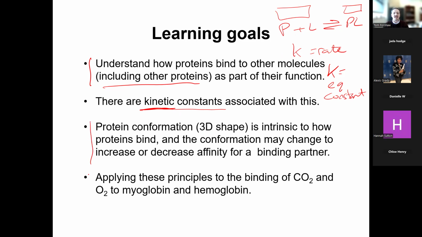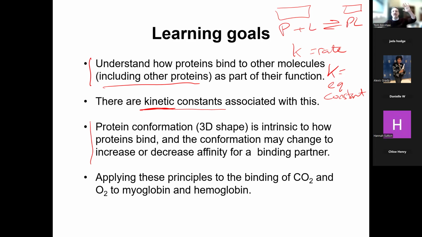Now, this is dictated largely by the shape of the protein, and the shape of a protein can change. And this is why we were doing all that stuff to do with amino acid ionization. If an amino acid is in a more acidic or basic or neutral condition, that's going to change the ionization state of it. And that may influence how it interacts with its partners.